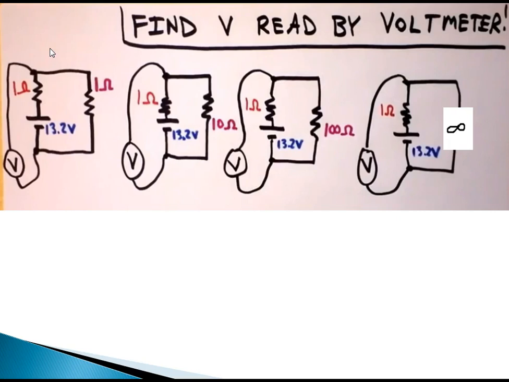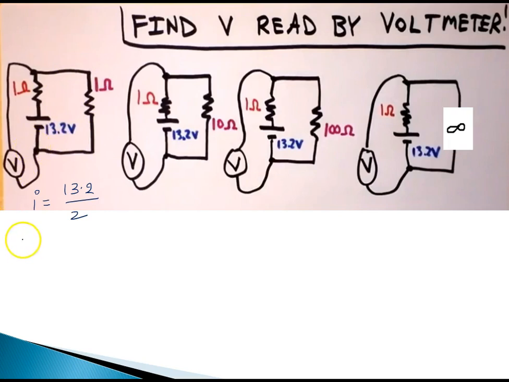Okay, let me explain the first situation. In the first situation, if I calculate the value of the current, current is given as net voltage in the circuit upon net resistance of the circuit. You can easily calculate the value of the current. Now, here you want to calculate the reading of the voltmeter. This branch is a closed branch, and you can assume this voltmeter is connected across this 1 ohm.